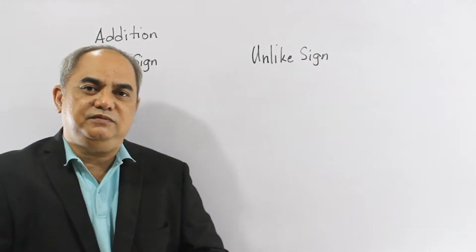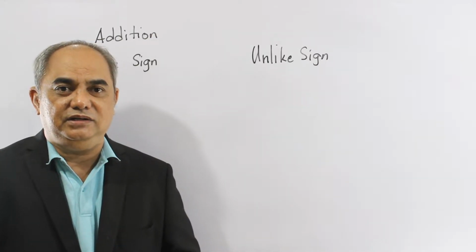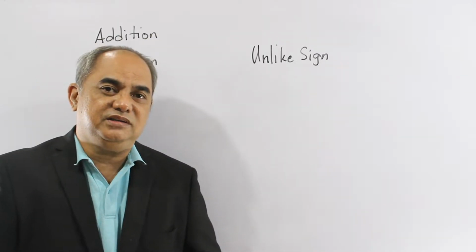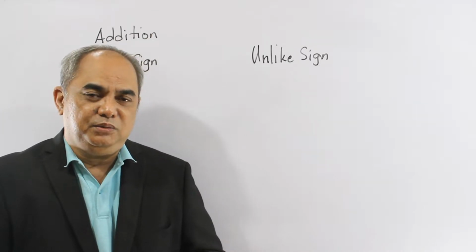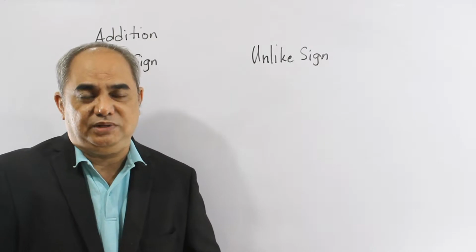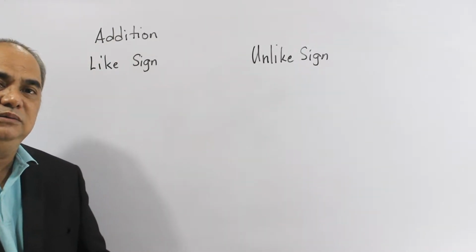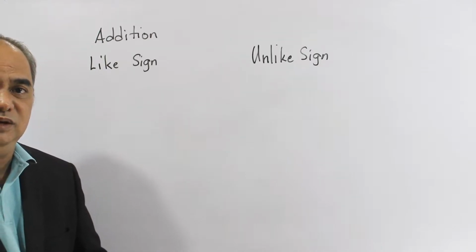Why is there a need for us to determine whether the addends are like signs or unlike sign? Simply because this will be our basis whether we need to add or subtract the two addends. When the two addends have like signs, all we have to do is add these two numbers.